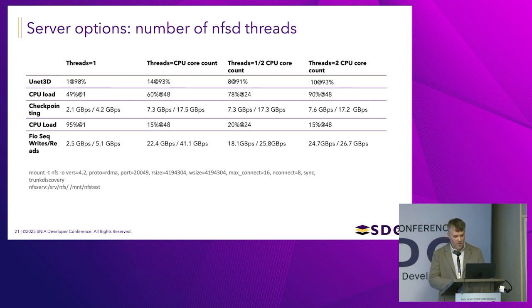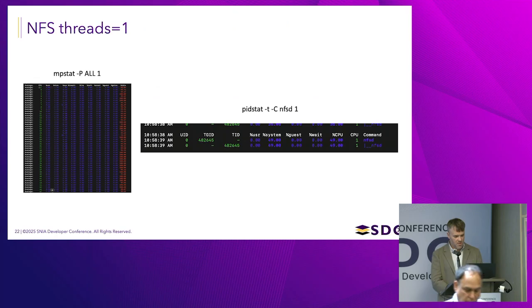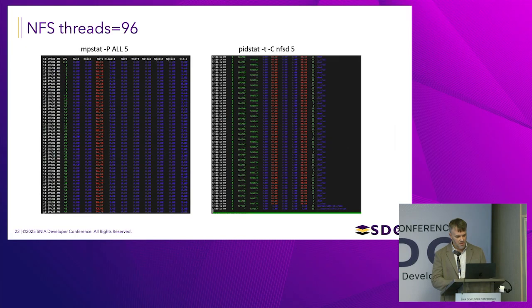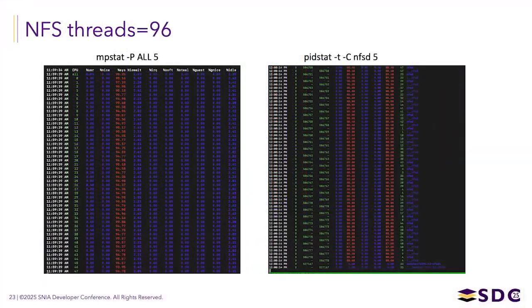and this means I need further tuning for checkpointing operations. Here you can see some examples of mpstat and pidstat for NFS threads equal to 1. The system is very inefficient because we load only 1 CPU core. But with NFS threads equal to 96, which is twice the CPU core count, we overload the system with NFSD threads.